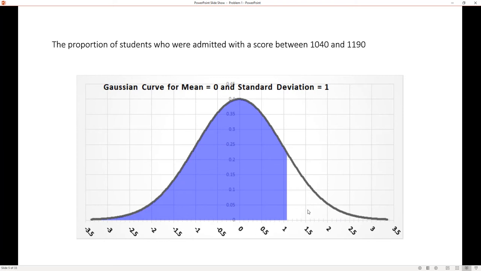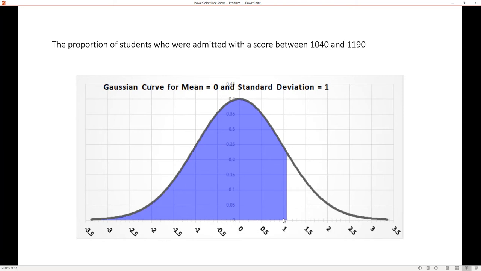So if I just asked you to guesstimate, give me an approximation of how much data is shaded in or what the proportion is to the left of this 1.08333, you would hopefully guess it's more than half, because just from the tail on up to this value, 0, would be half of it, and then this is actually a lot more.